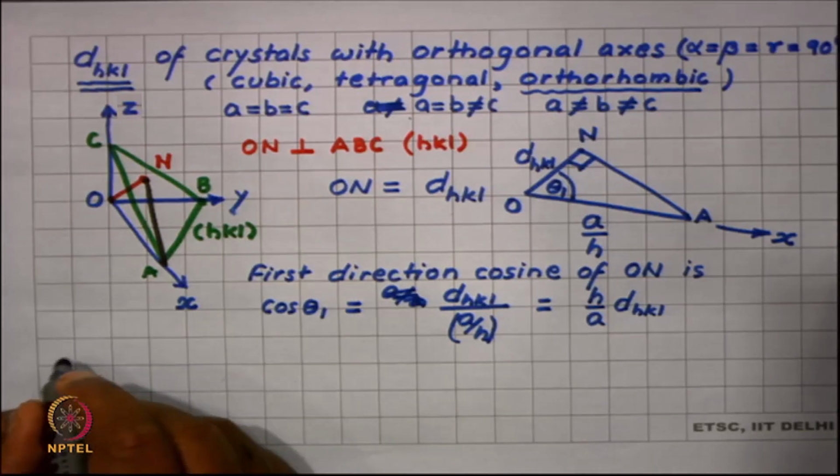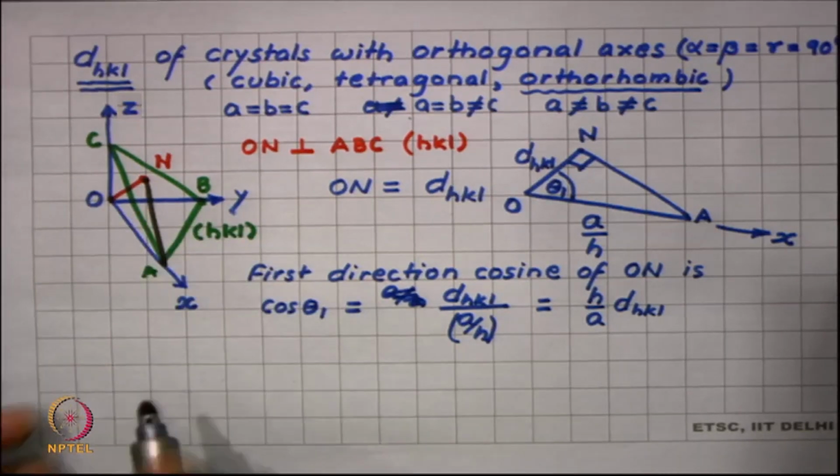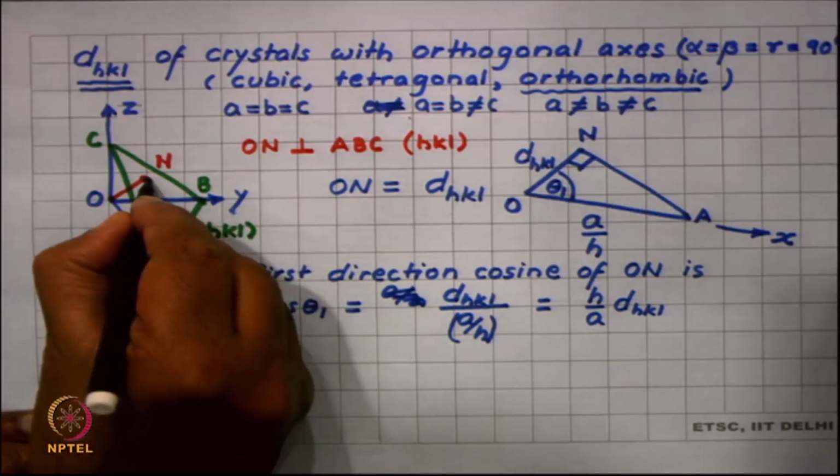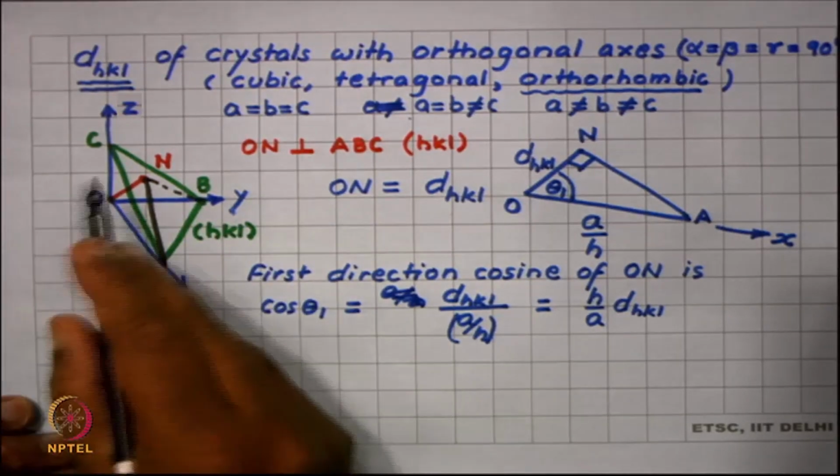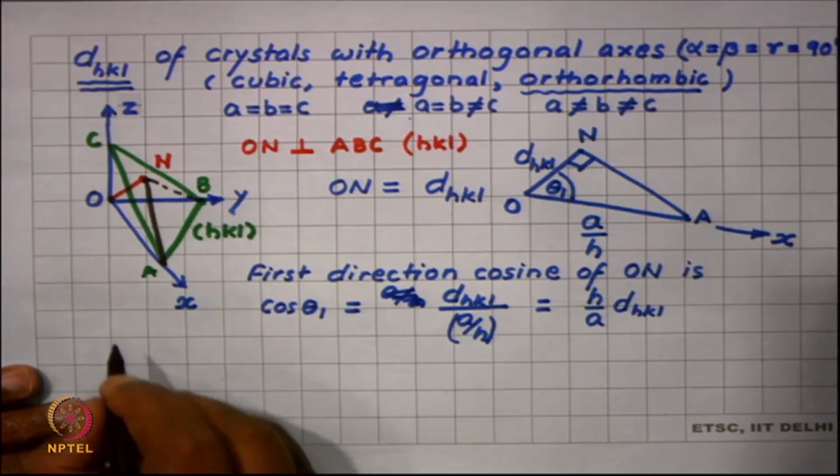Similarly, for the second, you can form a similar triangle with B, and think of the triangle ONB.